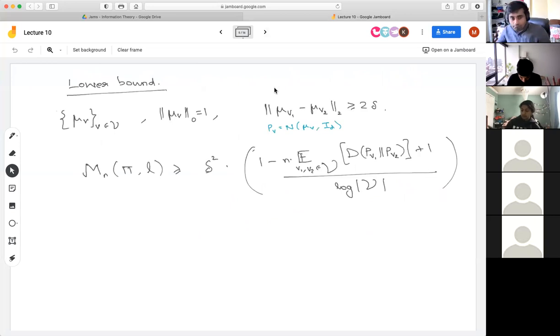Going back to the lower bound, as we said last time, it basically reduces to proving some sort of packing lemma.